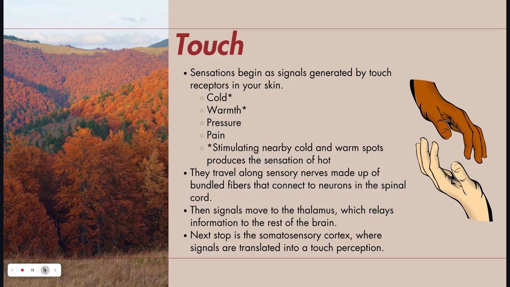Touch is a little bit more complicated than that. There's all different types of receptors that we could go into, but for our purposes, we just need to know there's receptors in our skin. It's at that receptor level that transduction takes place. Those signals are then sent via sensory neurons, first to our thalamus and then to our somatosensory cortex for processing.